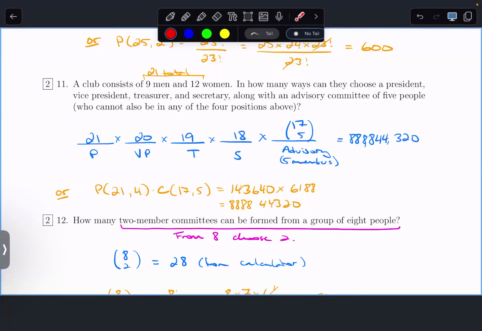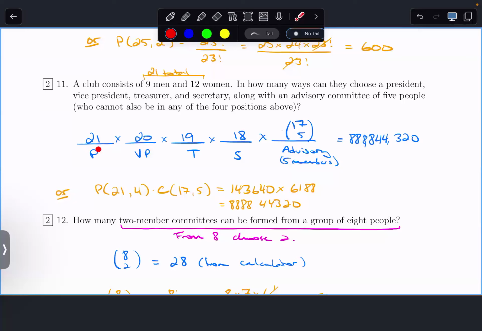In how many ways can they choose a president, a vice president, a treasurer, and secretary, along with an advisory committee of 5 people who cannot also be in any of the 4 positions? I'm not going to do something like this because it's very hard if you don't have time to think about it. But you would make a slot.